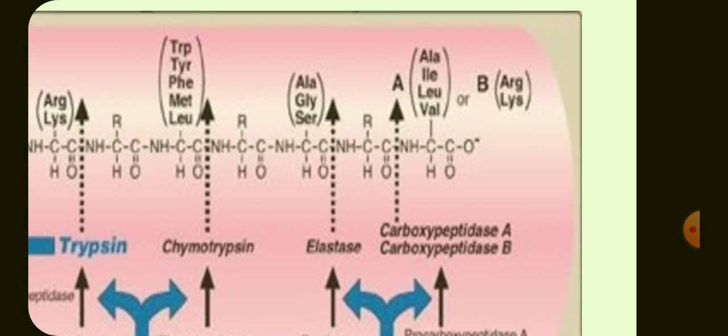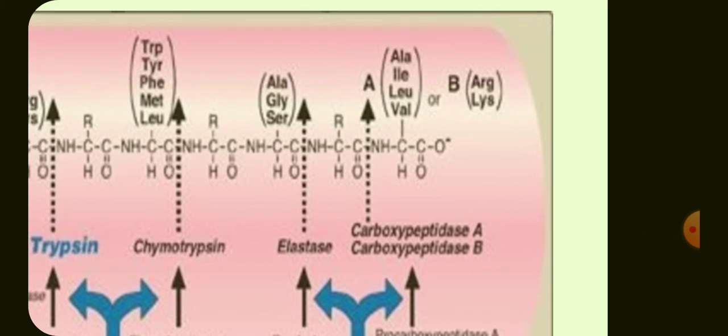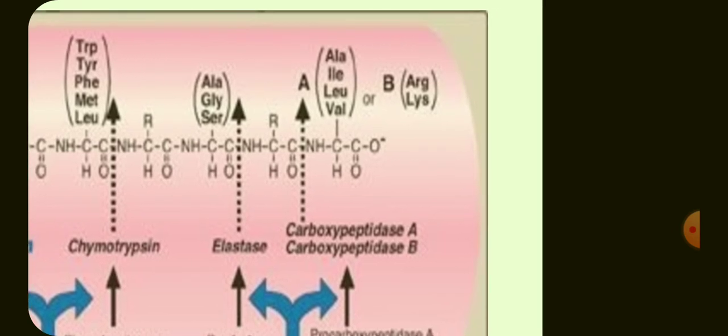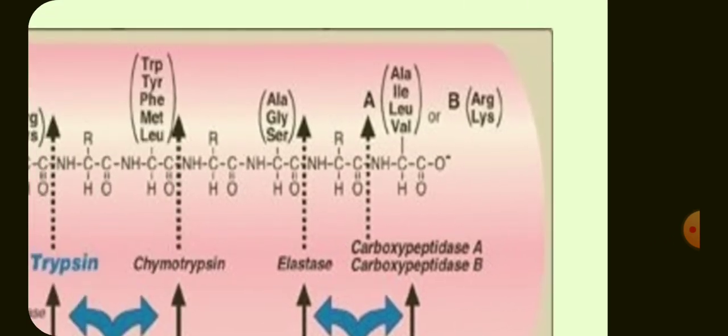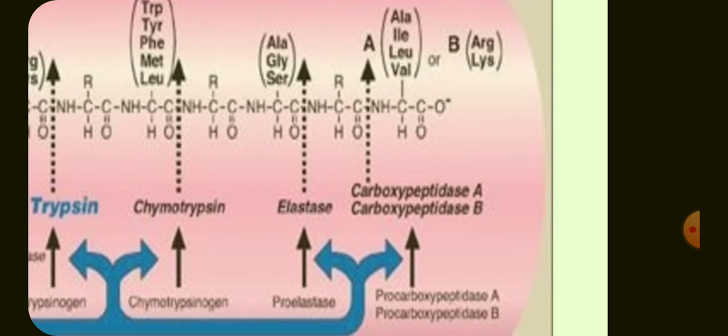Elastase, although its name suggests an affinity for elastin, acts on amino acids like alanine, glycine, and serine. All small molecular weight amino acids are attacked by this enzyme. Carboxypeptidase is an exopeptidase. All these three that we have discussed are endopeptidases.